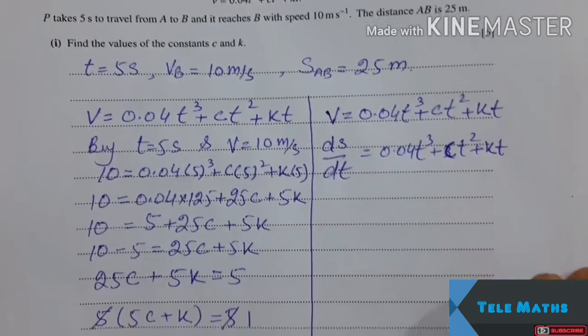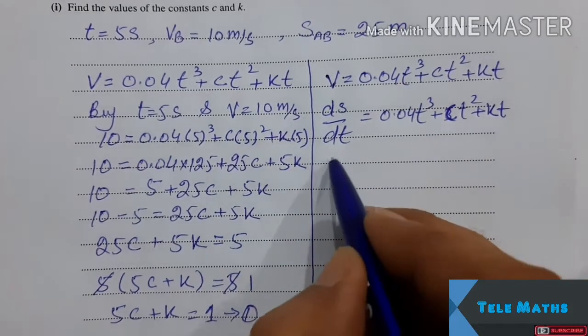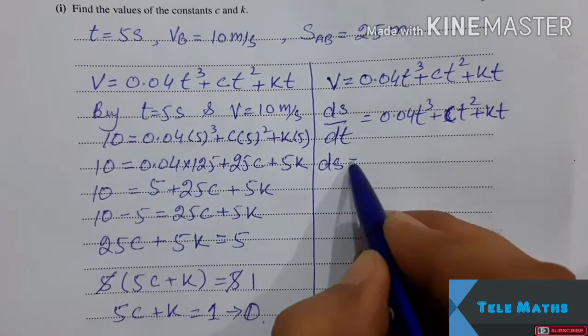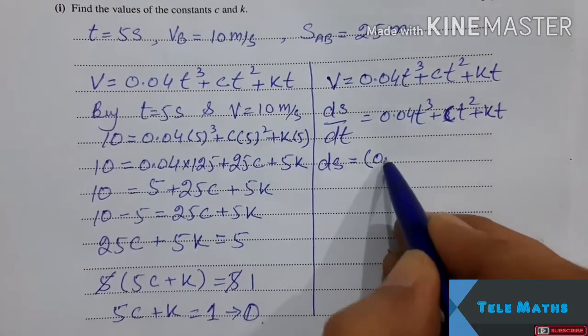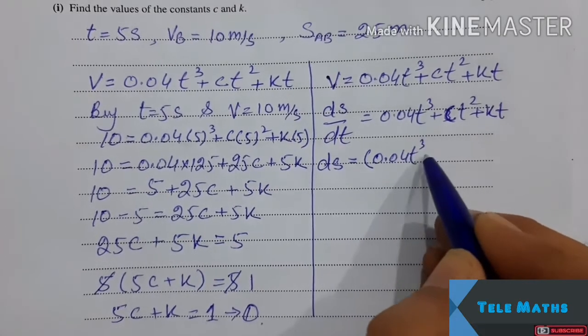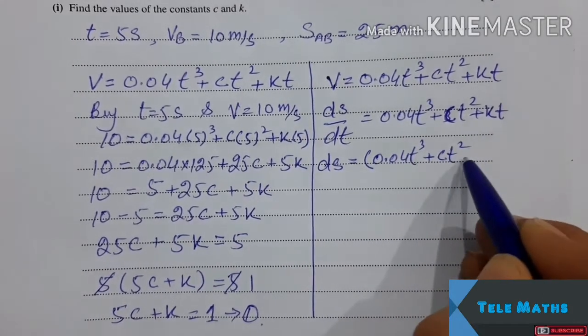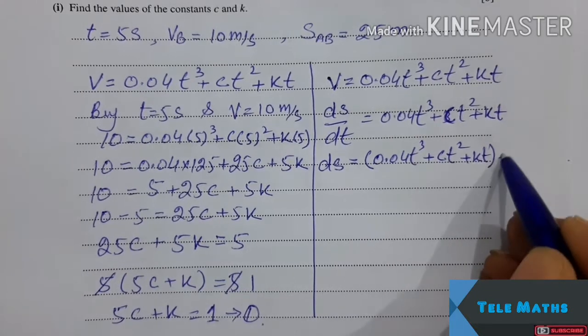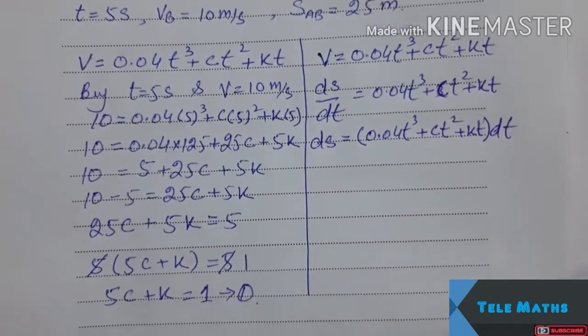So take dt on the other side. This will become ds is equal to (0.04 t cube plus c t square plus k t) dt.